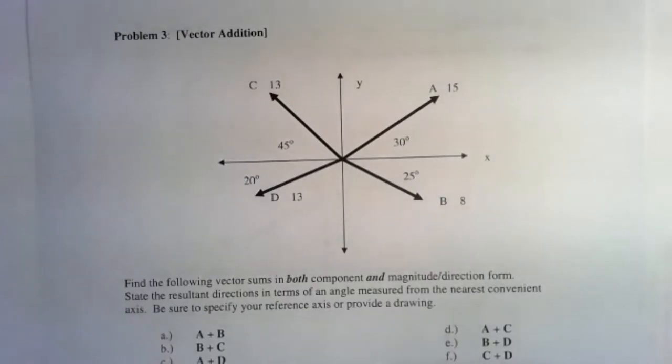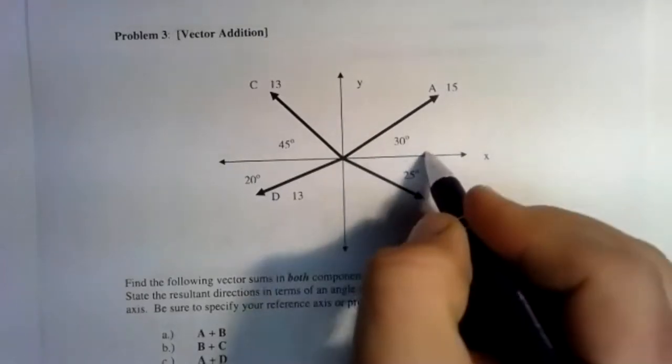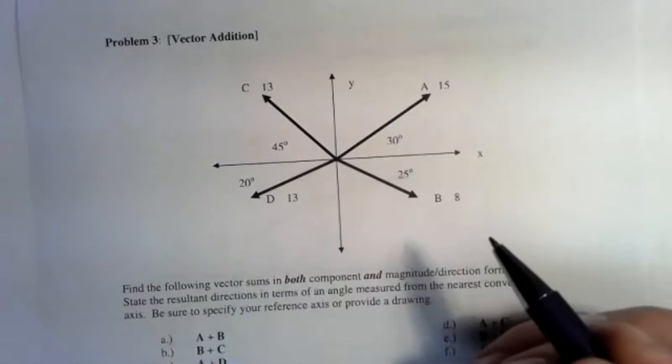What I was trying to avoid was people saying, well, my answer is 32.3 at 37 degrees. When you just say 37 degrees, I don't know where that is referenced from. Is it from the positive x-axis, negative x-axis, or positive y, and in what direction, clockwise or counterclockwise? This isn't a math class where all angles are always measured counterclockwise from the positive x-axis.